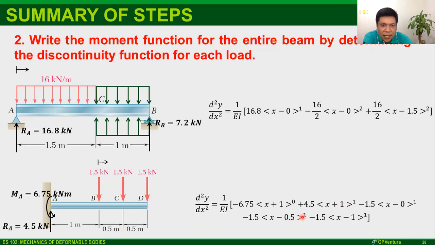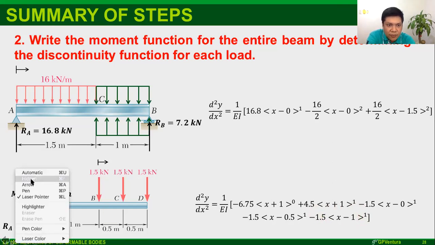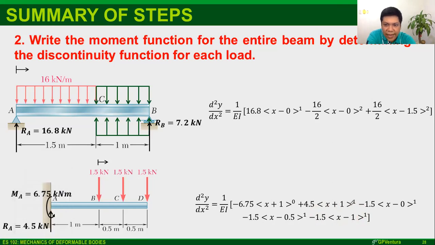Oops, I have a mistake over here. Minus 1.5 X minus 1 raised to 1. I am sorry, but this portion, this one over here should not be included. So I need to cancel this one.